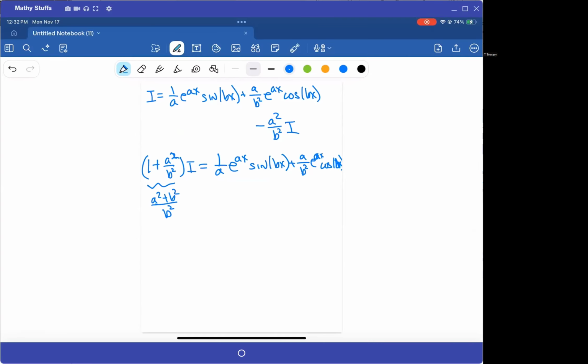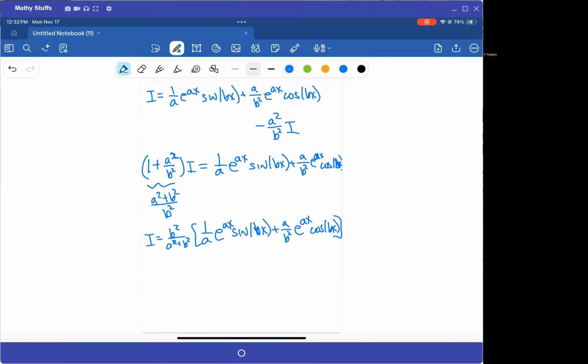And I'm going to multiply both sides by its reciprocal, b squared over a squared plus b squared, and then that was times this 1 over a e to the ax sine bx plus a over b squared e to the ax cos bx. We'll tack on a plus c at the end. We're not super stressed about that at the moment.